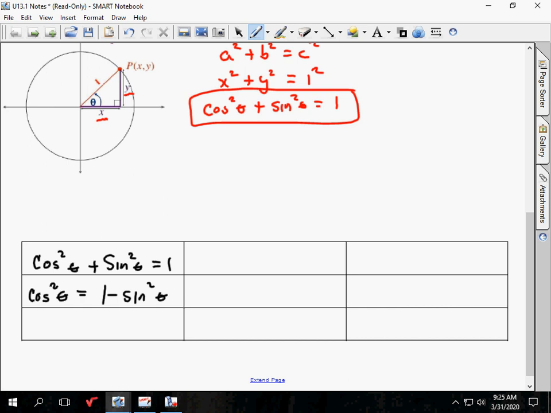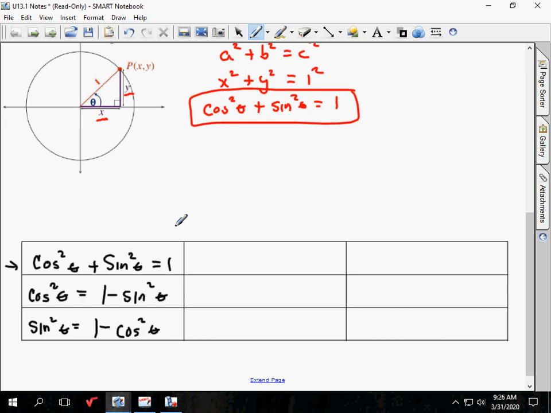I could take this main one and solve for sine squared, so that means I would subtract cosine squared over. That'd be 1 minus cosine squared. So 1 minus cosine squared is sine squared, and 1 minus sine squared is cosine squared. Those are all coming from this main Pythagorean identity.